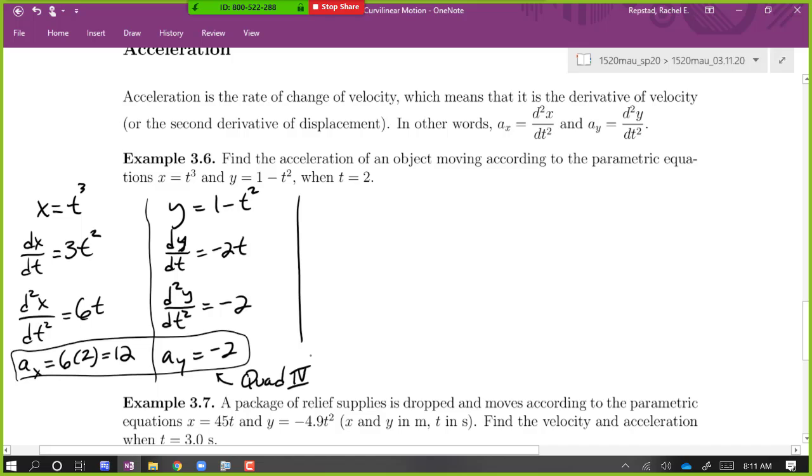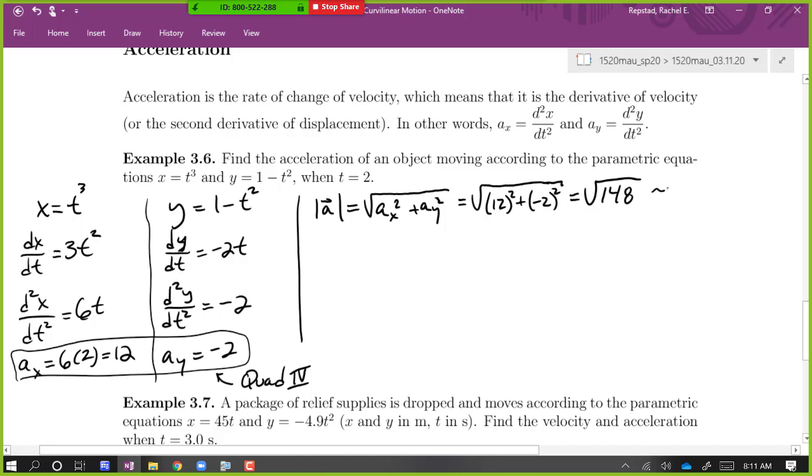We've used calculus to get what we need, and now we're finding magnitude and direction, so Pythagoras and arctan. So let's get that magnitude. That is the square root of 12 squared plus negative 2 squared. 144 plus 4 is 148.